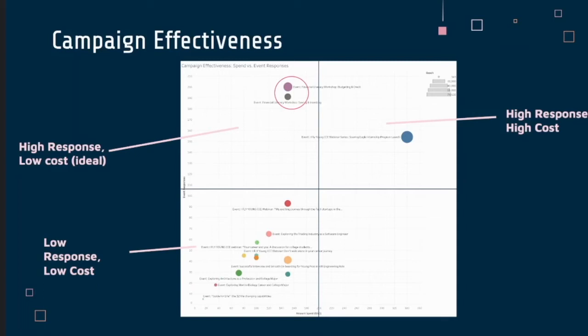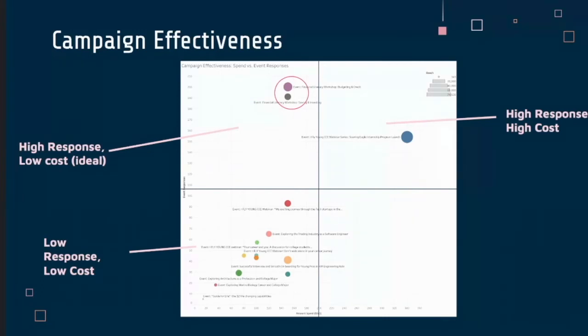Looking there, we see that there are two specific events in that region that we classify as most effective. Those two events are the financial literacy webinars that we hosted, which have the highest response and lowest cost. Right next to that, on the upper right-hand side, with the highest response and highest cost, was our CCE Soaring Eagles campaign for our internship program.